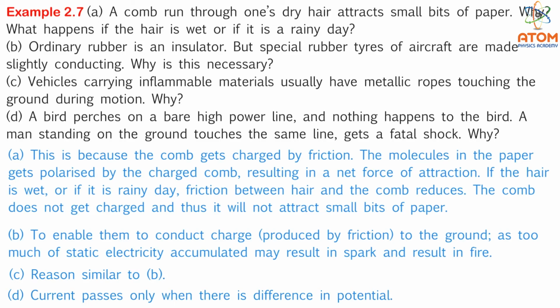And now these dipoles, the molecules of the paper, feel a force due to the electric field produced by the charge of the comb, and that's why the paper gets attracted towards the comb. This is how the paper pieces are attracted by the comb.